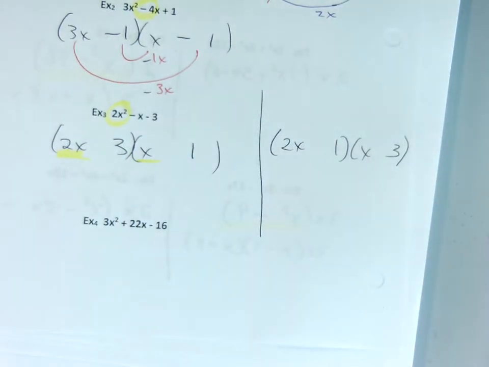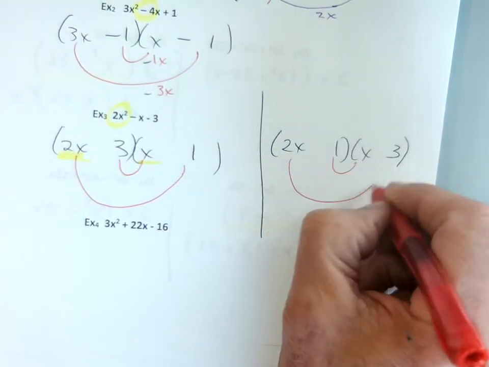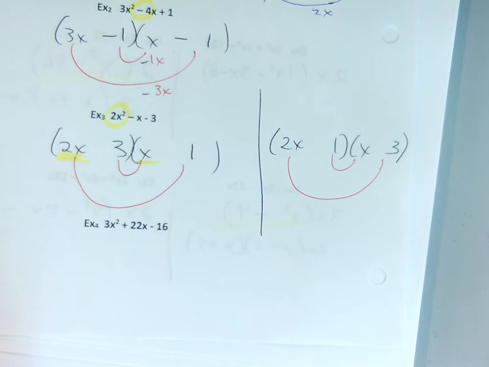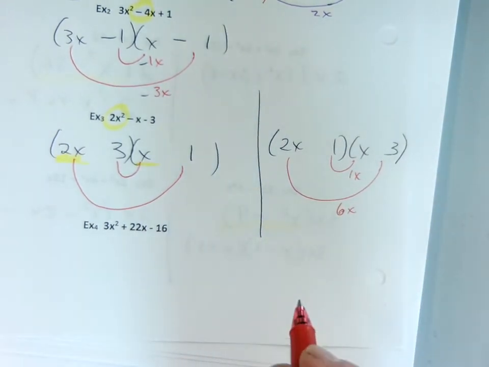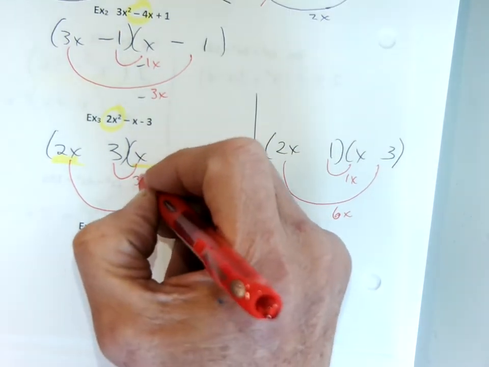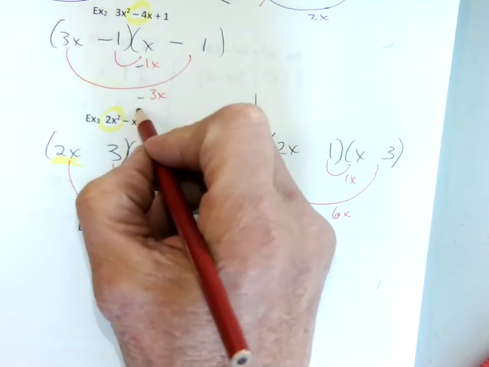How do I know which one's right? Let's check our double smiley, right? There's a 6x and a 1x. Here's a 3x and a 2x. I need a negative 1x, don't I?